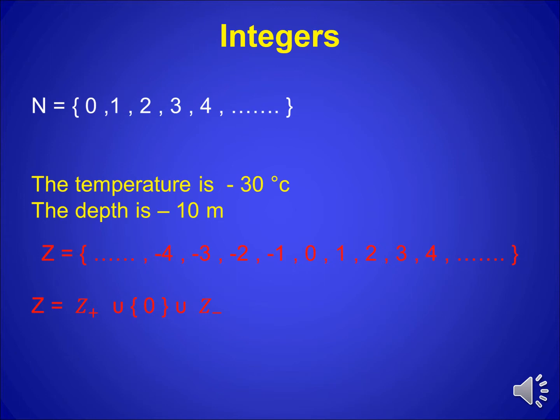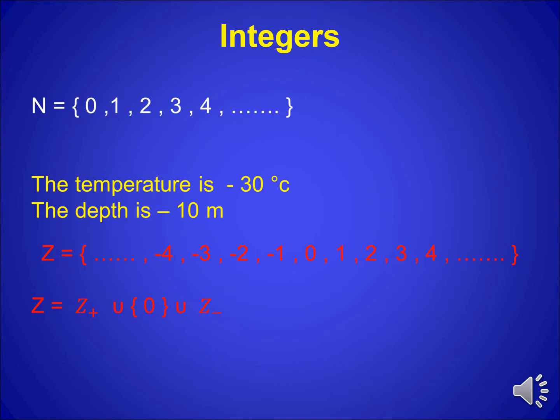To find the answer to this question, let us listen to the following example. In Canada, sometimes the temperature records 30 degrees Celsius below zero.